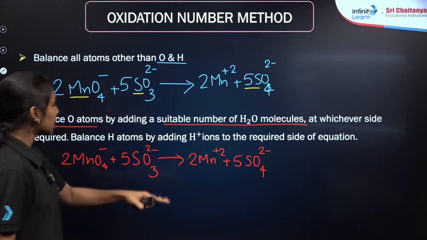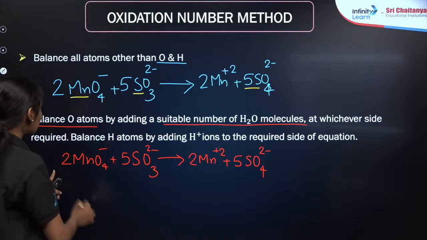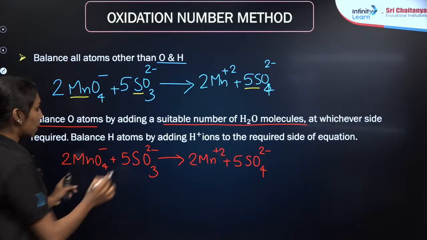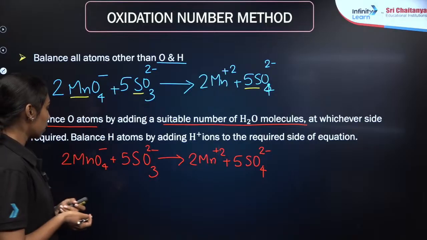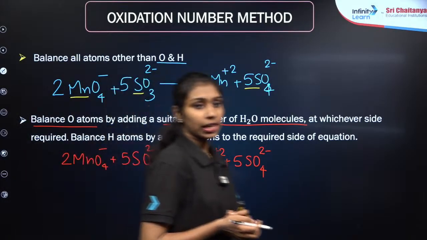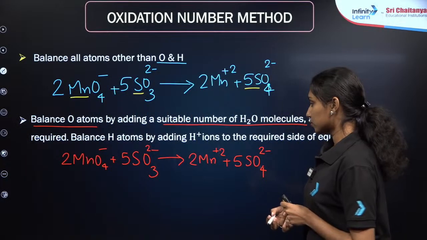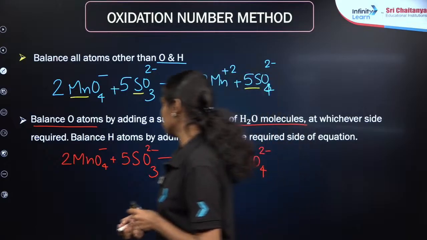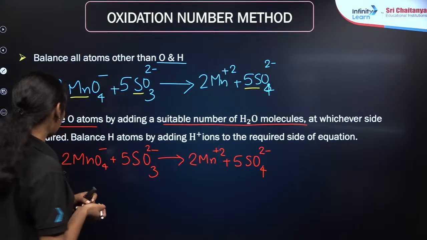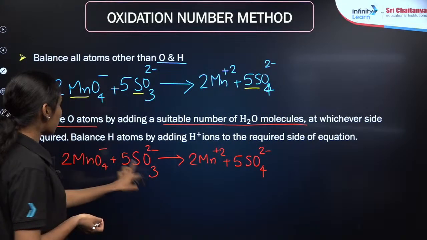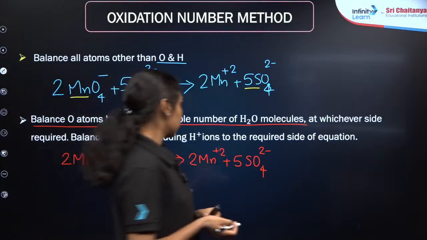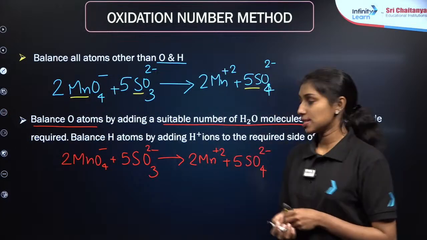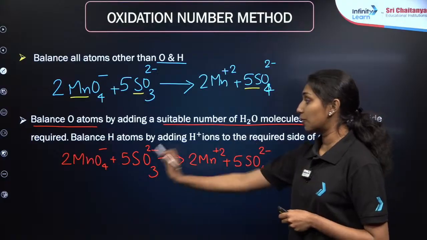Now we have to balance the number of oxygen atoms. You can see that 2 into 4, 8 oxygen plus 5 into 3, 15. Total, how many oxygens are present here? In the left hand side, 2 into 4, 8 plus 5 into 3, 15 plus 8, how much is it? 23, right? 23 oxygen atoms are present in the left hand side.